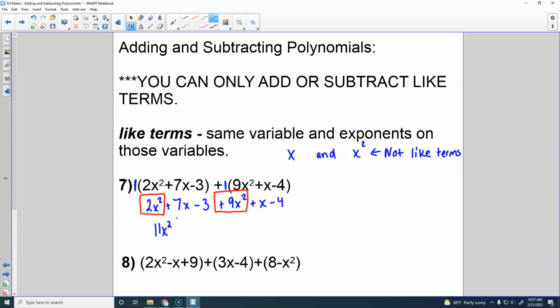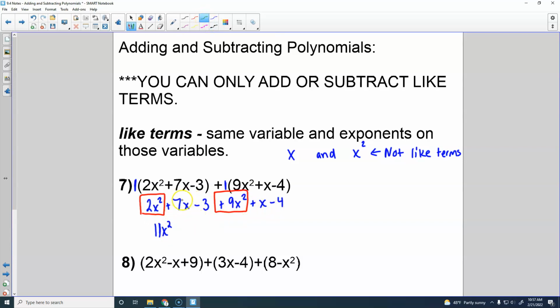And then leave your variable exactly the same. Don't do anything with your exponents. You're not multiplying those together, you're just keeping it the same. This is like if you are adding 2 oranges plus 9 oranges, you have 11 oranges, right? Not 11 oranges squared or something like that. So to add and subtract, you just keep that variable the same.